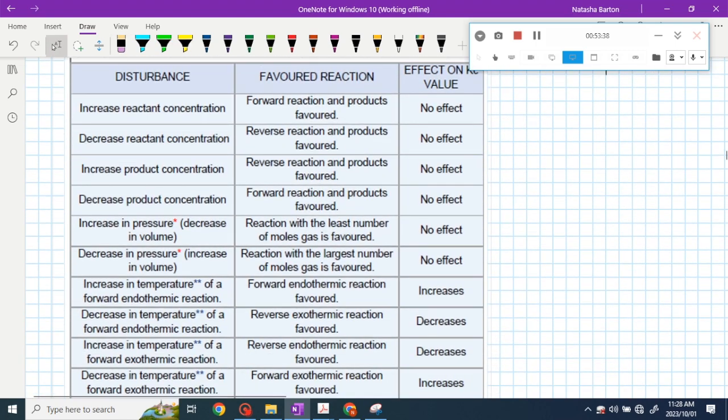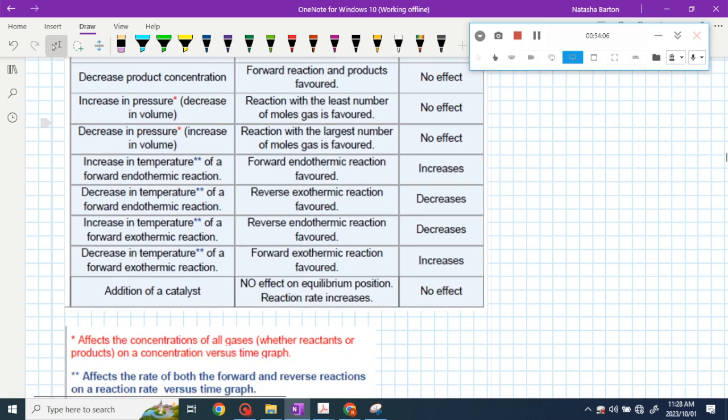Okay. Now, what I was speaking about earlier is the way you guys state your answers over here. This here is a physics paper 2 exam, which means that the way you give answers, the explanations, is 40% of your paper. And therefore, it is very, very important. So here I've tried to summarize as far as possible the disturbance, the reaction that would be favored, and so on and so forth.